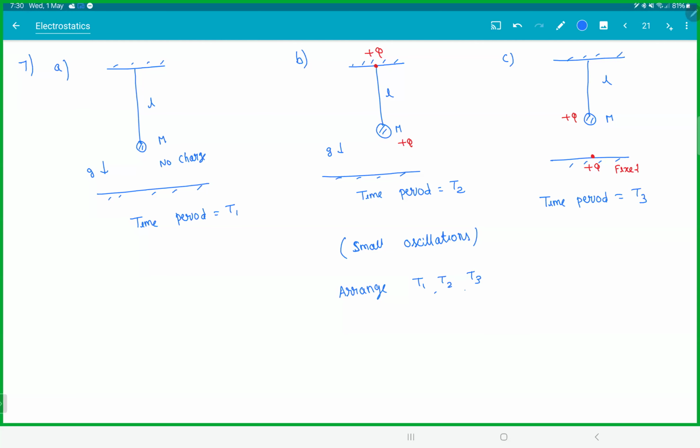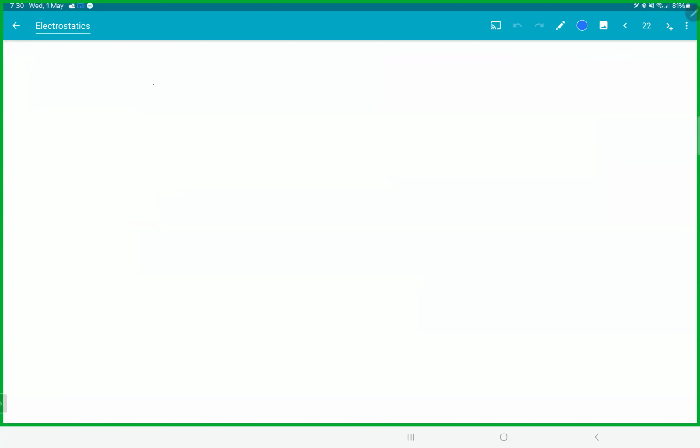T1 and T2 are equal. That's the best part. Look at the second one. The second one is a trap. When you displace this by a theta, if you have a plus Q charge here and a plus Q charge here, the repulsion will be along the string. The restoring force is still mg sin theta only.